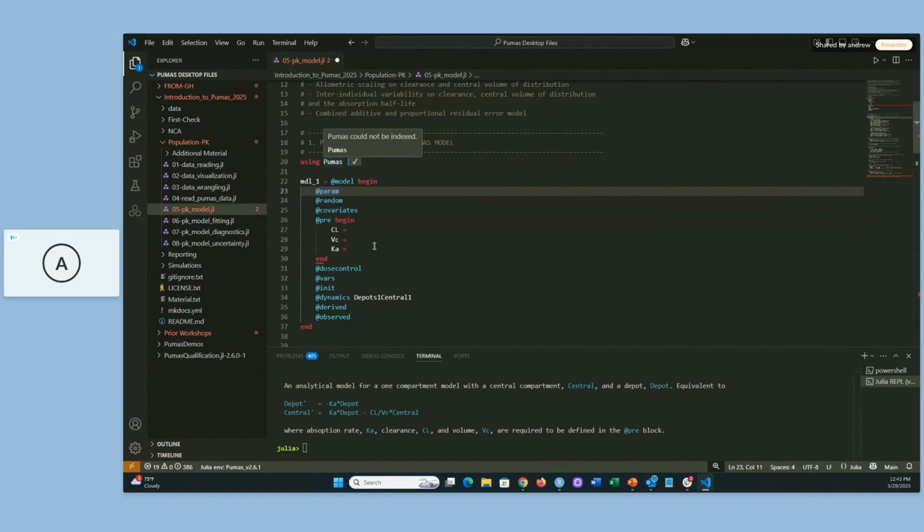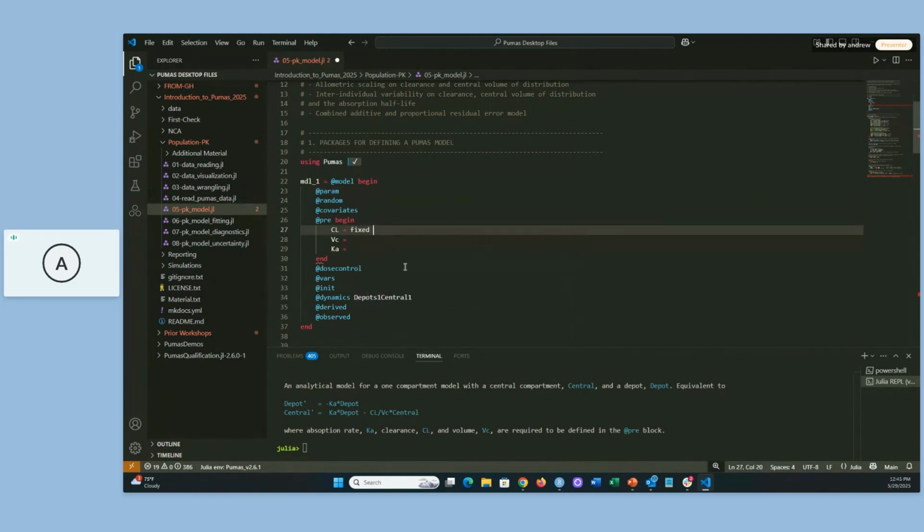So typically when we're going to write out our pre-processing, you can think of it as your fixed effects times how you are going to define your random effects, and potentially covariate. I'm just going to put a code.